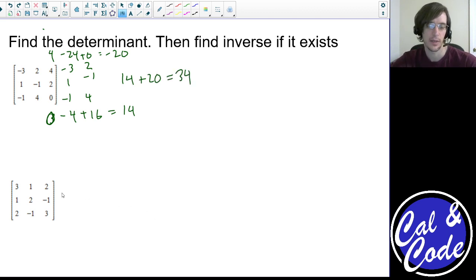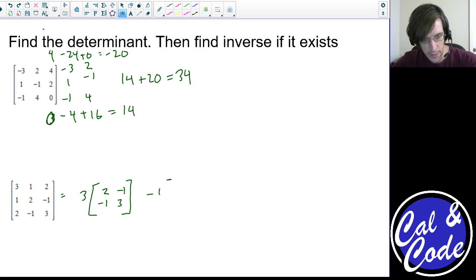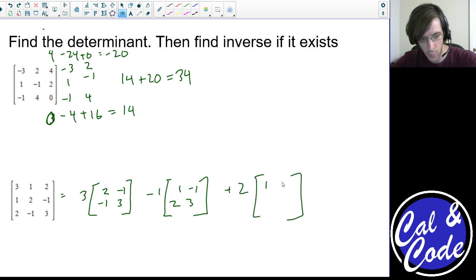Expanded by minors method, I'm going to have 3 times its matrix, which is 2, -1, -1, 3, when you cover up that row and that column, minus 1, cover up that row and that column, get left with 1, -1, 2, 3, and plus 2, cover up its row and column and get 1, 2, 2, -1.